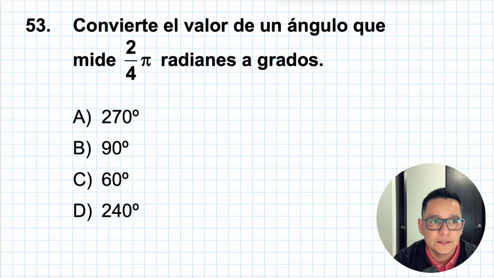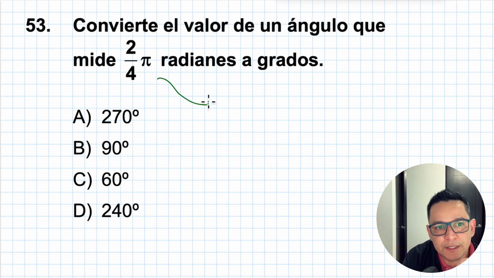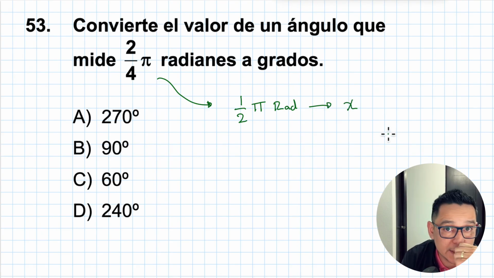It's ready. It says, convert the value of an angle that measures 2/4 of pi radians to degrees. That one is answered in seconds. Okay, let's see. 2/4 of pi radians, we simplify the 2/4 that's equal to 1/2. 1/2 pi radians. We don't know what this is equal to, so I'm going to call it x for now.